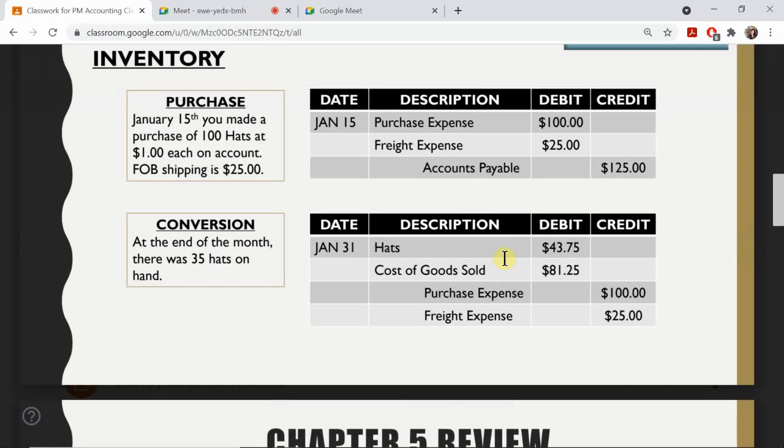There's a reason why we complete the inventory worksheet, so then when we journalize, we have the numbers readily available here. We just take those numbers from our inventory worksheet and plug them into our journal.